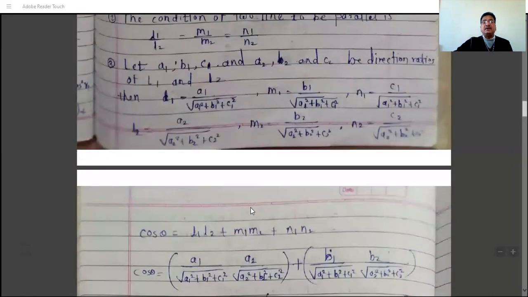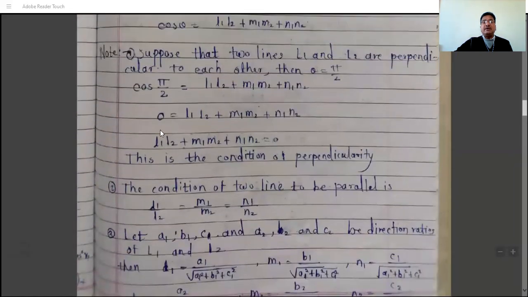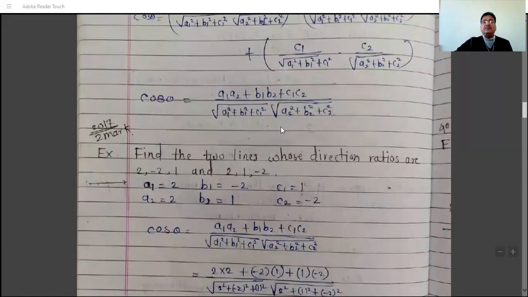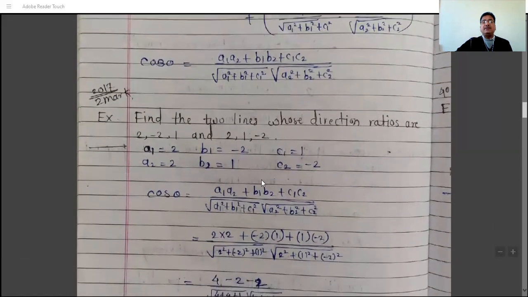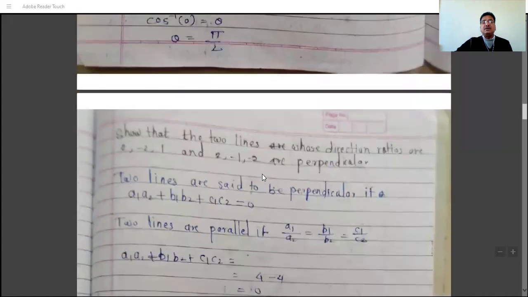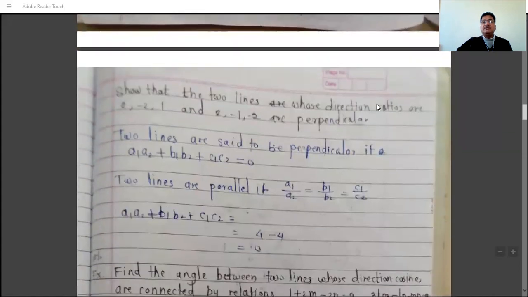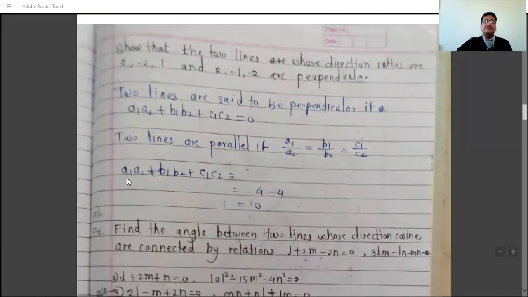If this is 0, we say the two lines are perpendicular. Likewise, if a1 a2 plus b1 b2 plus c1 c2 is 0, we also say the two lines are perpendicular. So the two lines with direction ratios 2, -2, 1 and 2, -1, -2 are perpendicular because a1 a2 plus b1 b2 plus c1 c2 is 0.